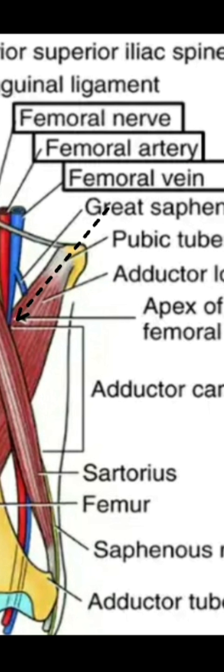It provides an intermuscular passage for the femoral artery and vein, the saphenous nerve, and the nerve to the vastus medialis. It also leads the femoral vessels to the popliteal fossa, where they become the popliteal vessels. So vessels move from the adductor canal to the adductor hiatus, and from the adductor hiatus they are transmitted to the popliteal fossa.